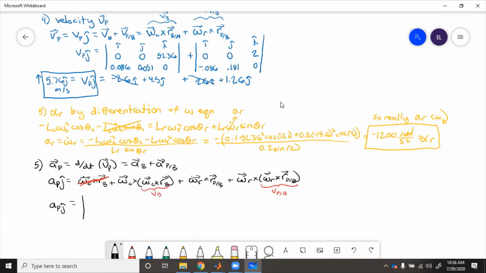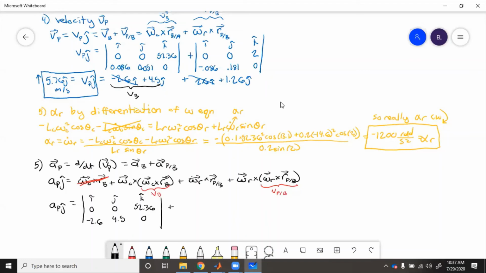So we'll have I, J, K, 0, 0, omega C is the 52.36. And then this other cross product we've already done, that's the VB, which we got here. That's VB, so we just put that in, negative 2.6, 4.5, 0.